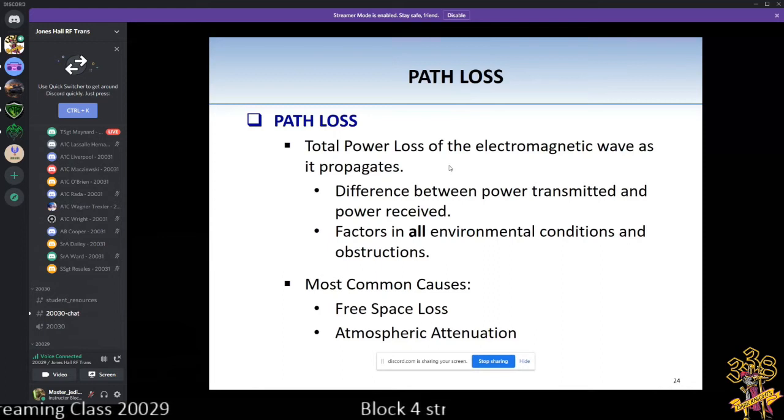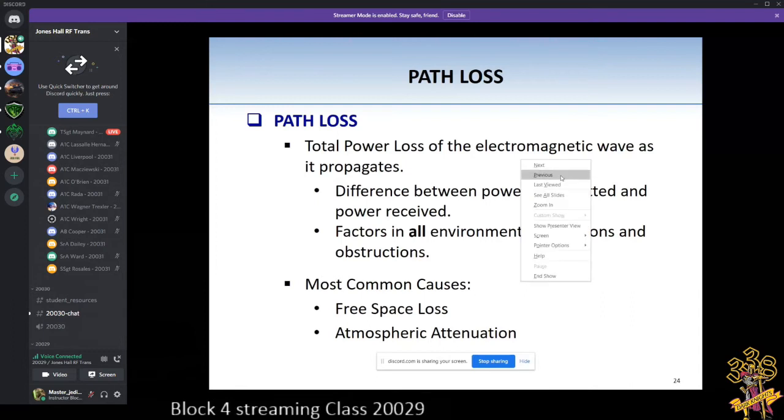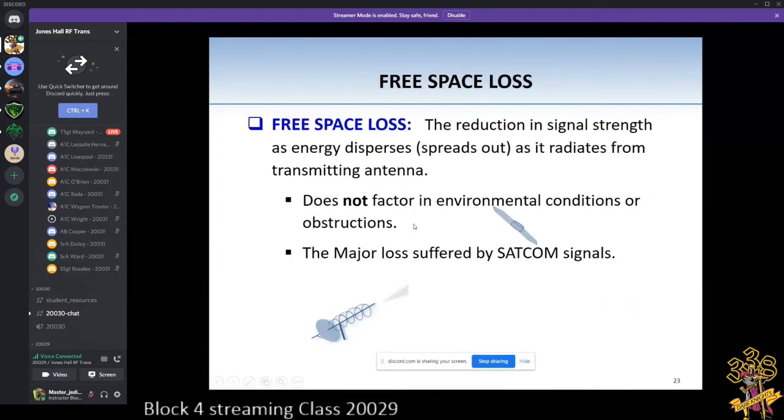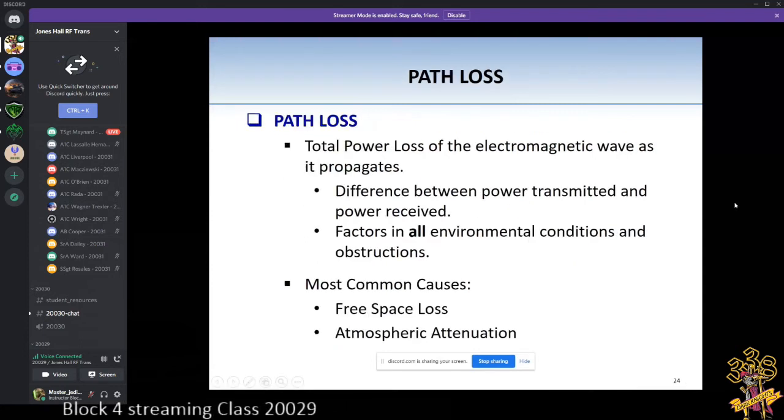It includes free space loss, which happens to be one of the most common losses, and atmospheric attenuation is another common cause. So free space loss does not factor in environmental conditions. It's just your energy spreads out. Path loss factors in all environmental conditions, including free space loss.